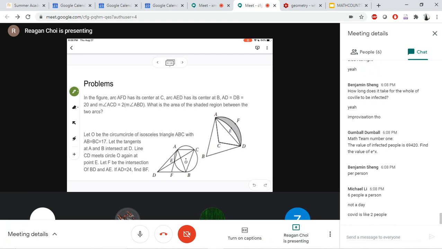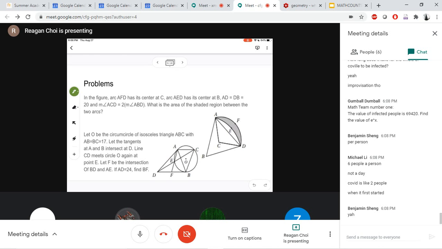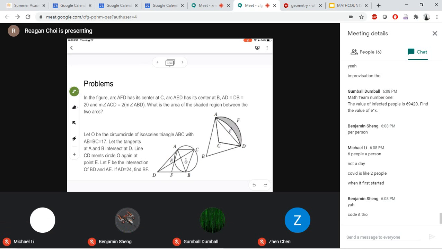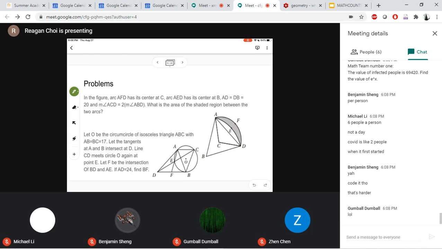Also, it's kind of boring. Code it? Why would I code that? What? Am I coding the multiplication or the spreading? Alright, you guys want to do the problem or not?